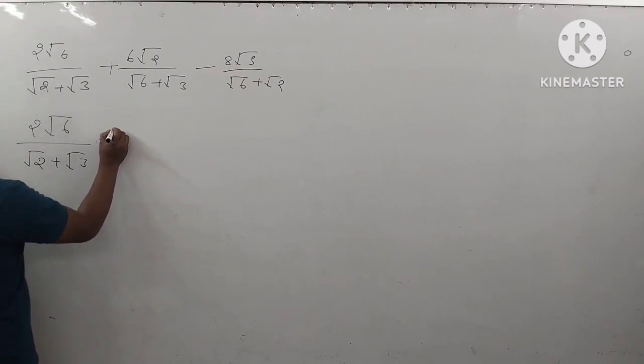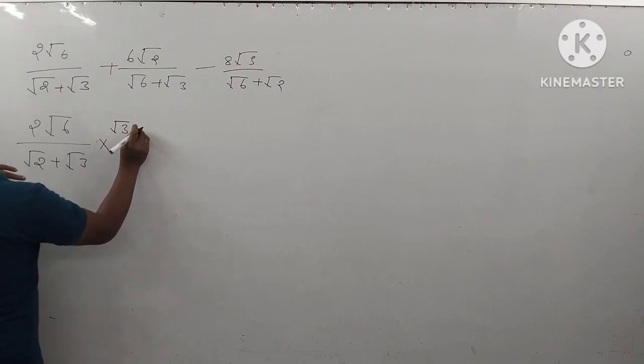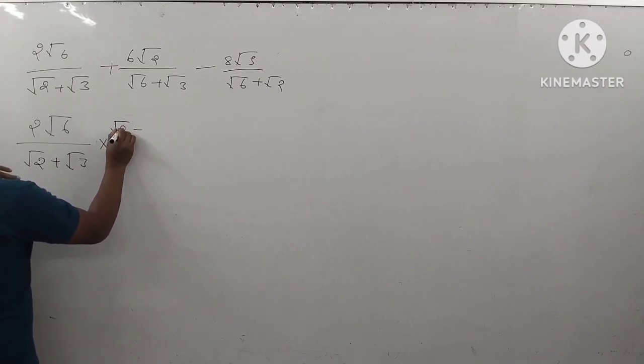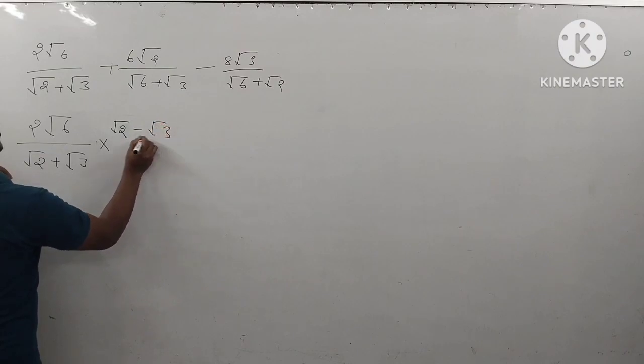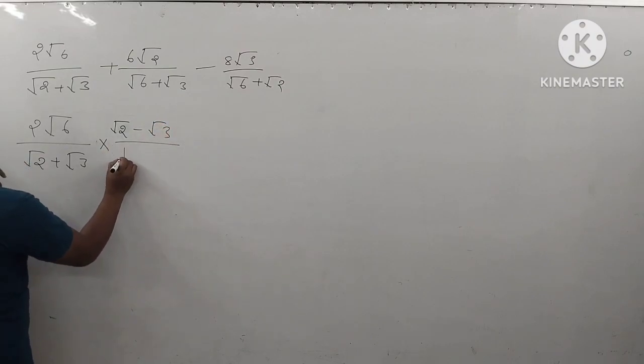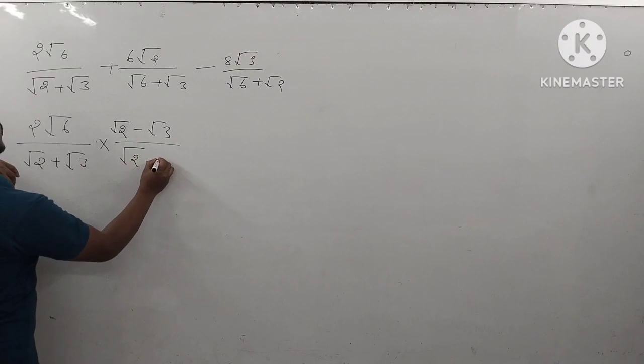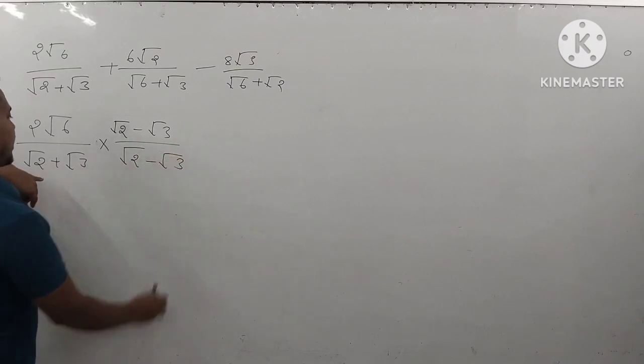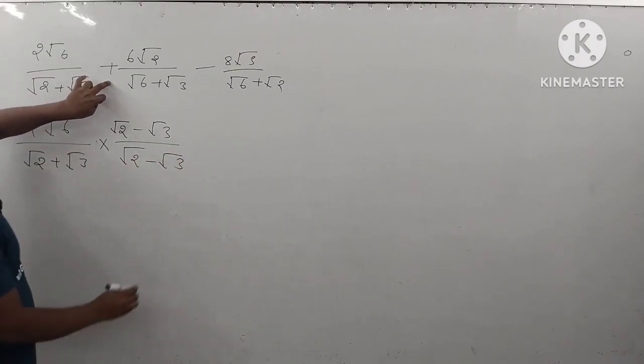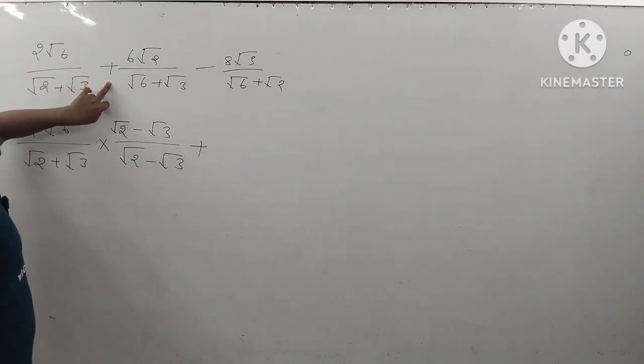First we multiply by root 2 minus root 3 divided by root 2 minus root 3. Then the sign of addition.